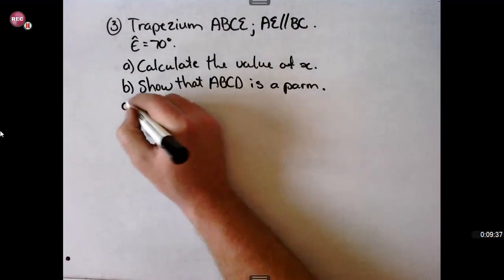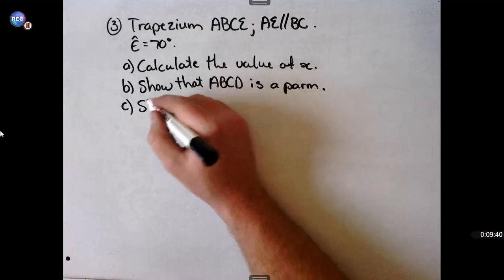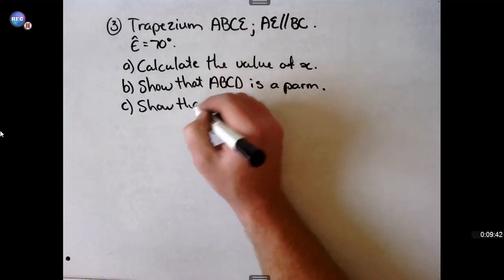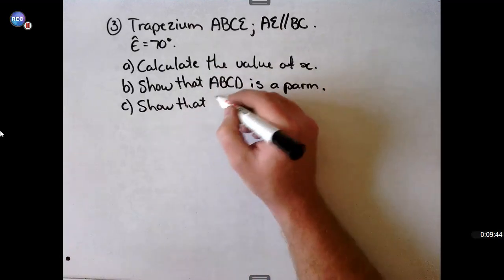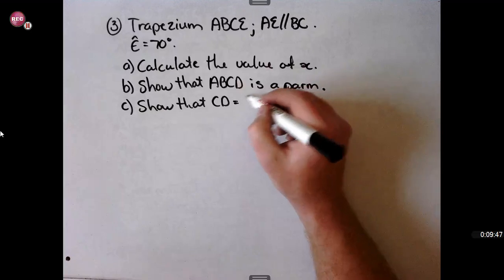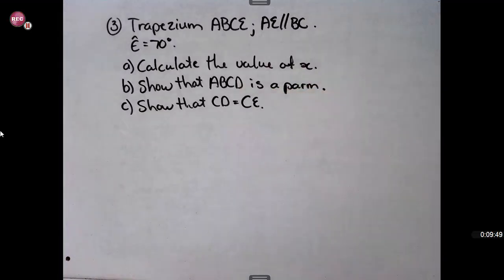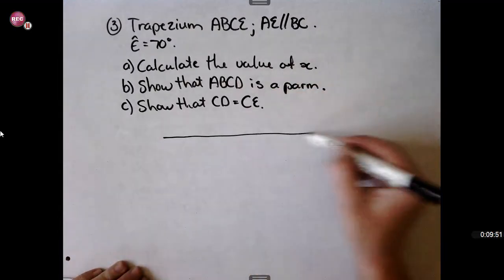And then the final question they ask you to show that side CD is equal to side CE in this case. Your sketch will look as follows.